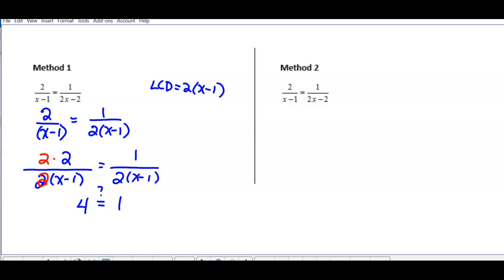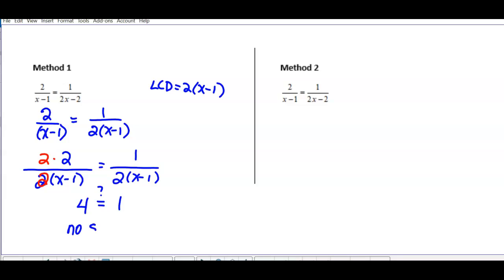They turn out to be numbers, no variables. So there's nothing to solve for, first of all, and there's no way that these are the same. There's nothing you can do to make 4 equal 1, right? We know what 4 is, we know what 1 is, and they are not the same.